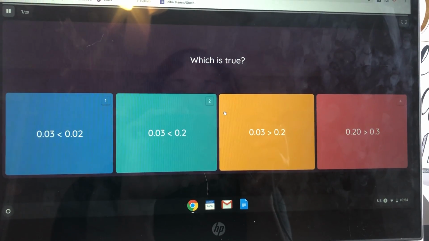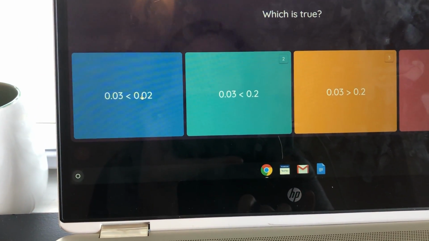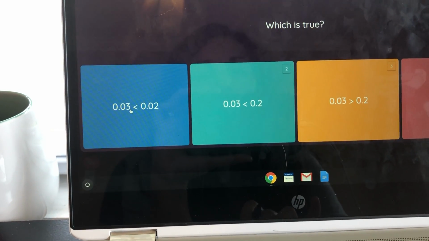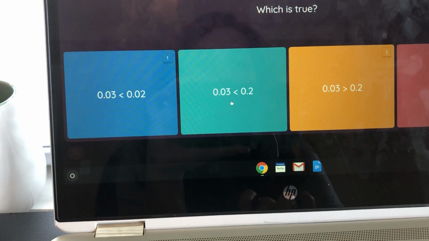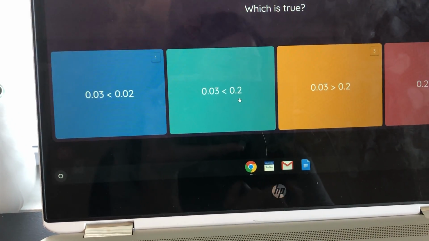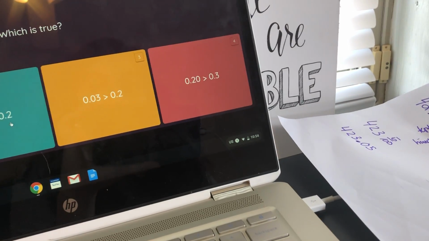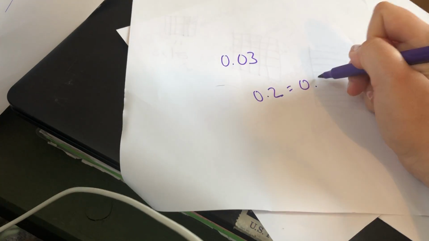Says which one's true. All right, so we've got 3/100ths or 2/10ths. No, the 3 is going to be more than the 2. We've got 3/100ths or 2/10. Well, let's think about it. We've got 3/100ths. 2/10 is the same thing as what? 20/100ths.